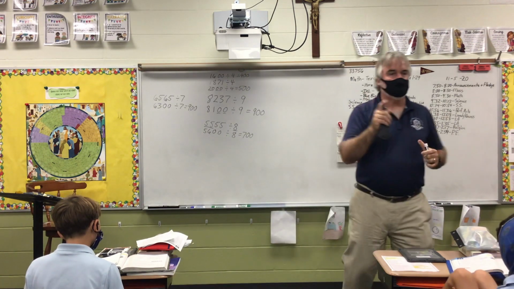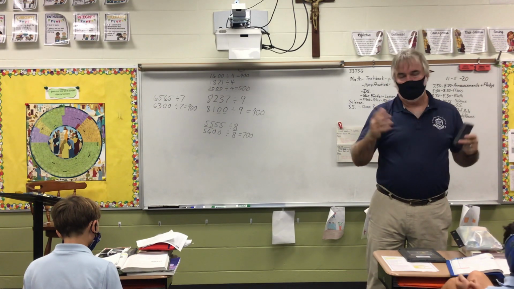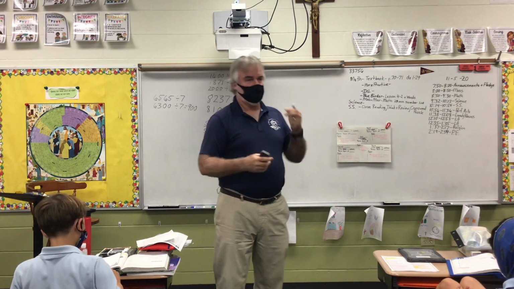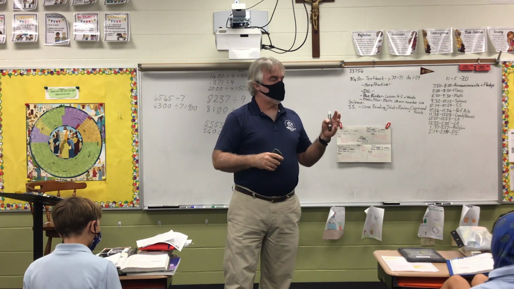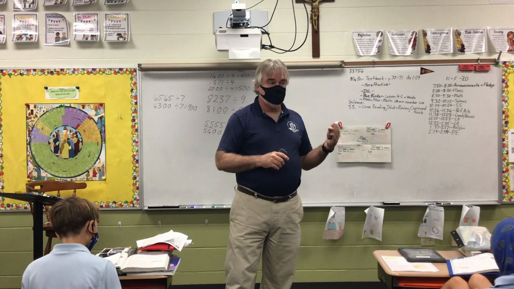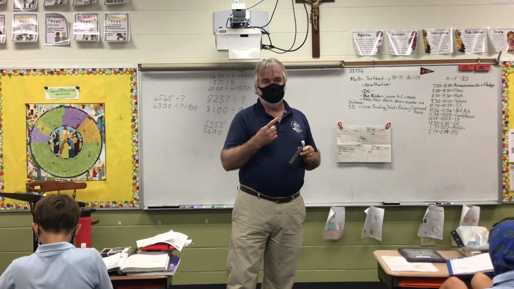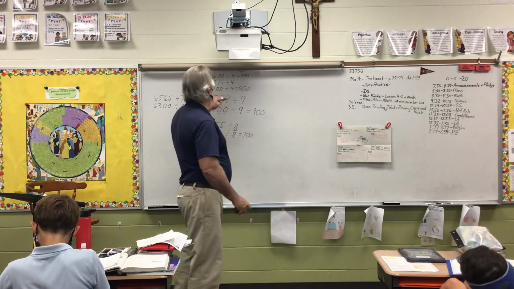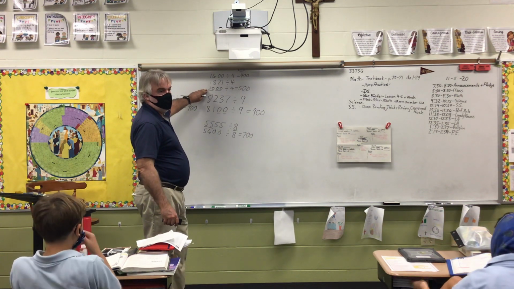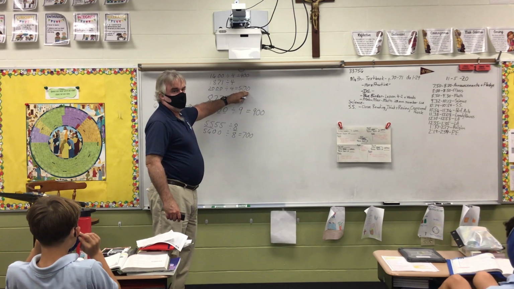There's a reason why I picked this one. Well, I didn't pick this exact one, but a number that's like this. This is where in estimating, there sometimes is more than one answer. So if Luke rounds it up to 2,000 and gets 500, that's fine.